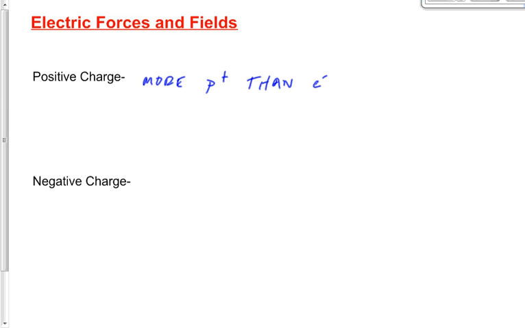But in normal circumstances, we've got both protons and electrons. It's positively charged if you have more protons than electrons. Electrons are the negatively charged things, by the way, right? So that means a negatively charged object comes from having what? Not just electrons, right? But rather more electrons than protons.